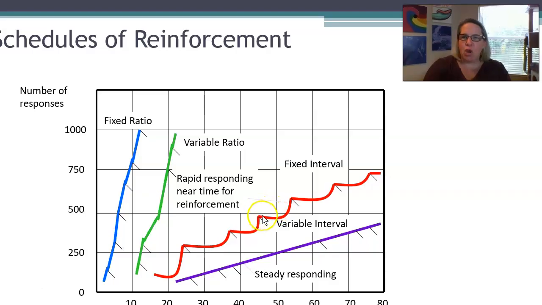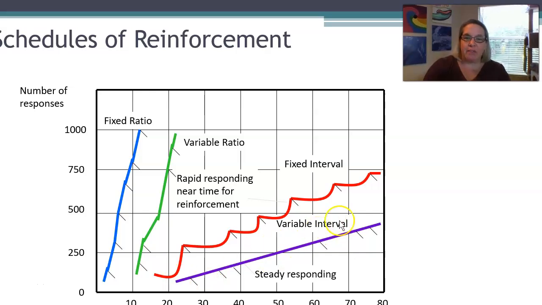So if you know that I'm going to check homework every Monday, here's where we have our high point on a Monday, but you know I'm not going to check it any other day of the week, so your homework completion goes down, but then it comes back up for Monday. So that's why you have the ebbs and flows, the dips there.